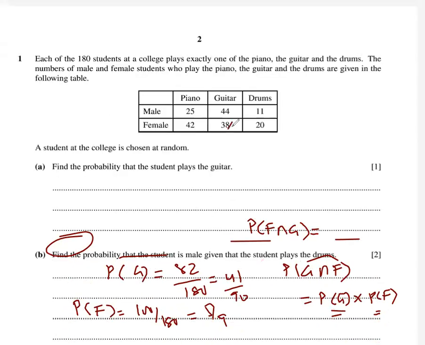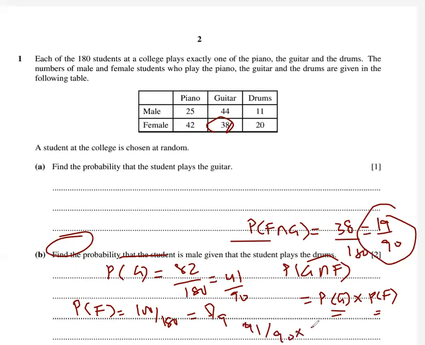So this is 38 upon 180, so we are getting a final value of 19 upon 90.